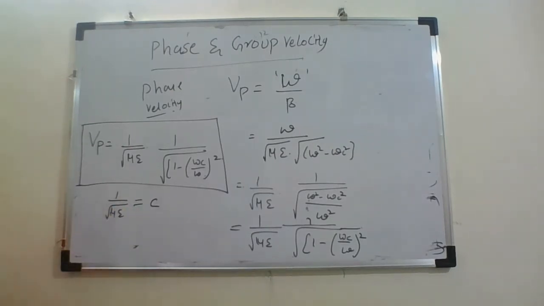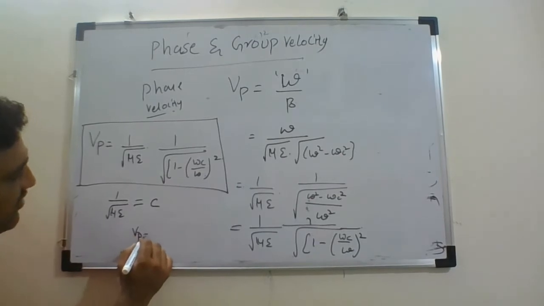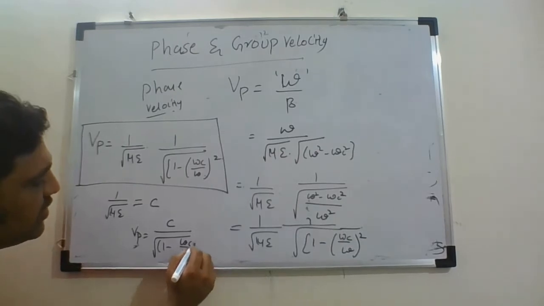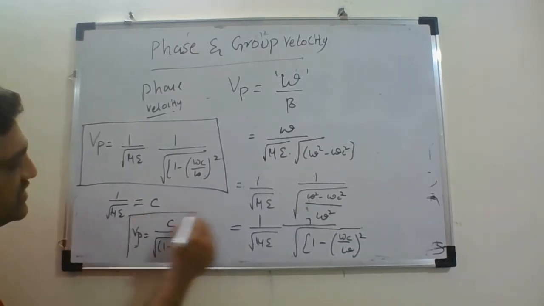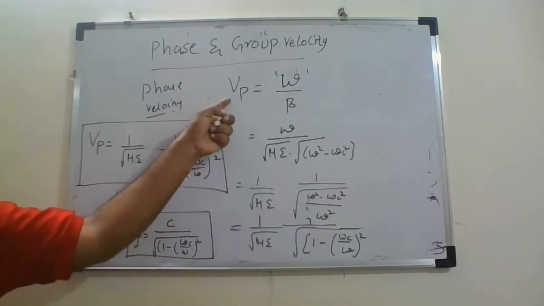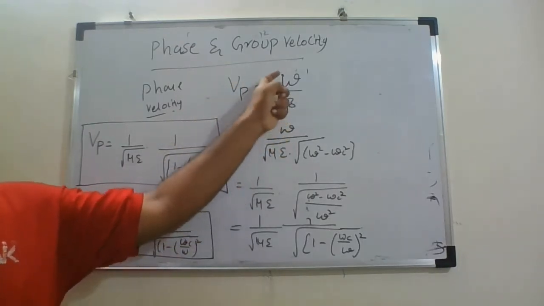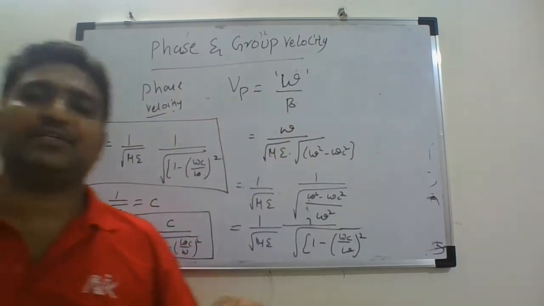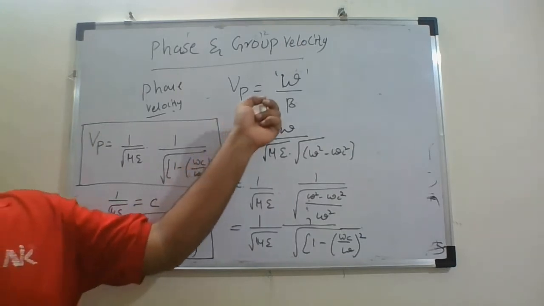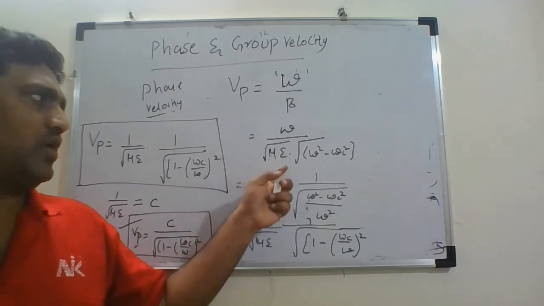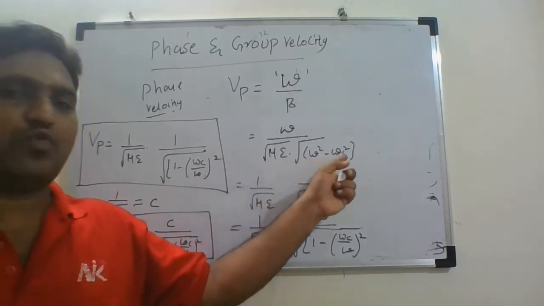So we can express Vp as c by root of 1 minus omega c by omega whole square. This is the expression for phase velocity. In general, phase velocity is given by Vp is equal to omega by beta. Beta, which we derived in the previous lecture, is equal to root of mu epsilon into root of omega square minus omega c square.